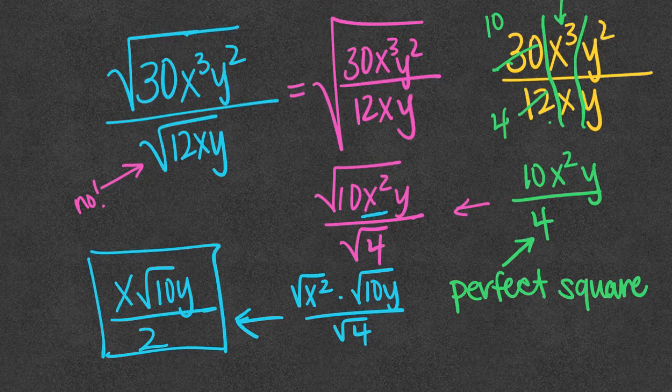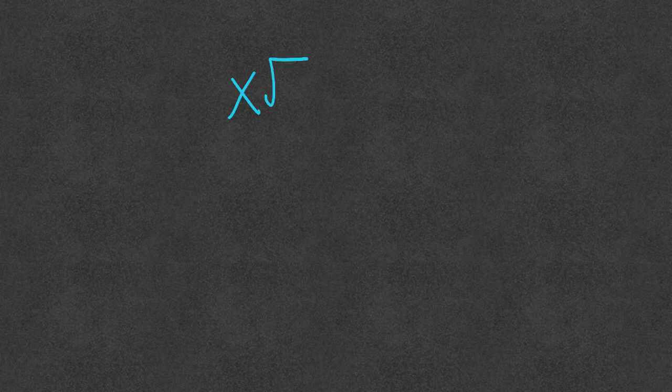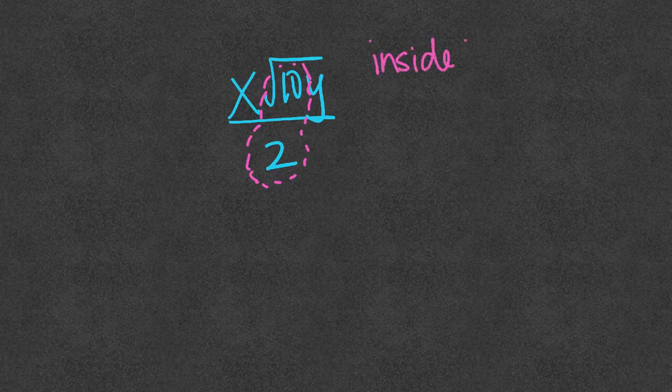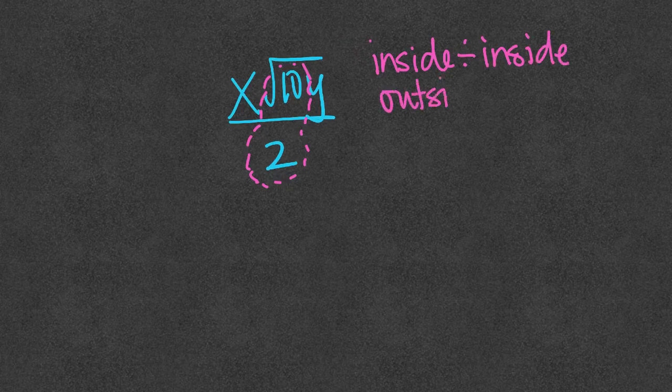Okay, and I just want to point out one thing about that answer. So we had x square root of 10y over 2. You have the same rules here as you did for multiplying. So a lot of people look at this and they're like, oh cool, 10 divided by 2, I can make that 5. But you cannot, because you can only divide inside divided by inside, or outside divided by outside.